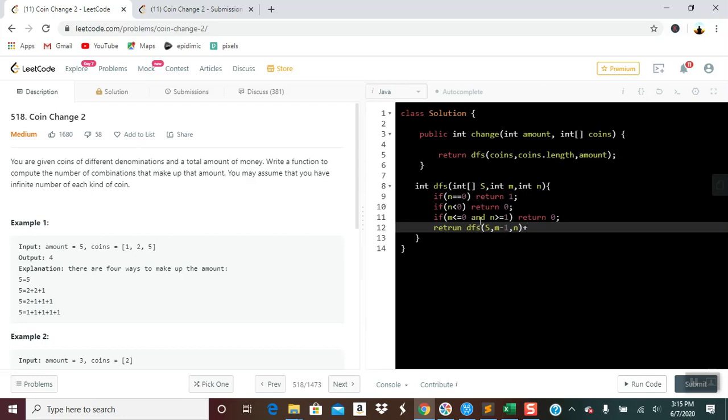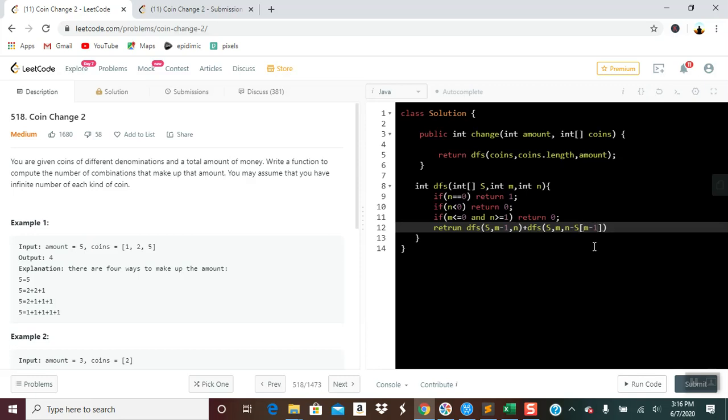Now the other case, if you are including this one, the length will be the same, and from the sum, let's say if you're including 1, it should be removed from the total amount 5. So the total amount minus 1.